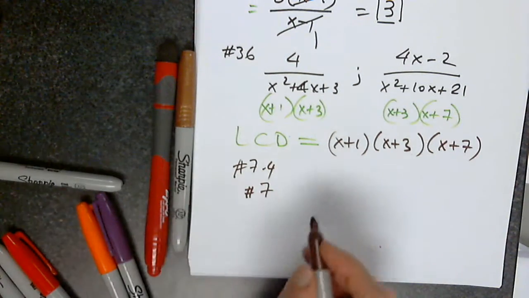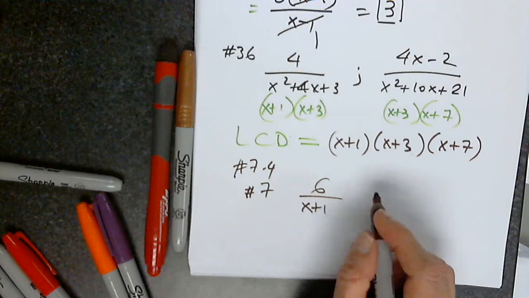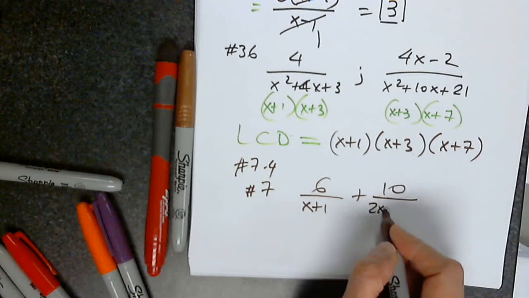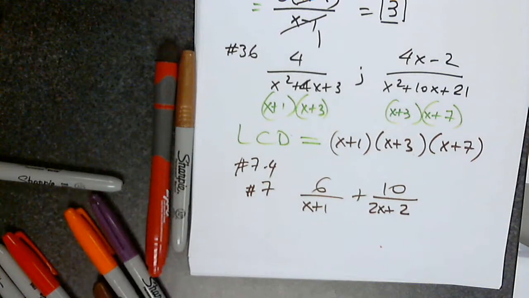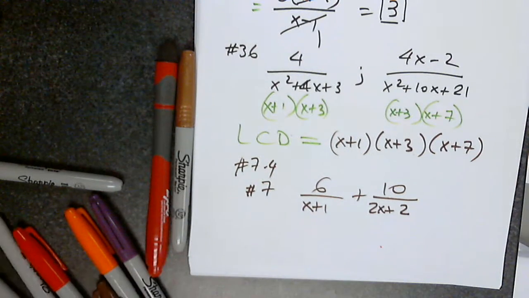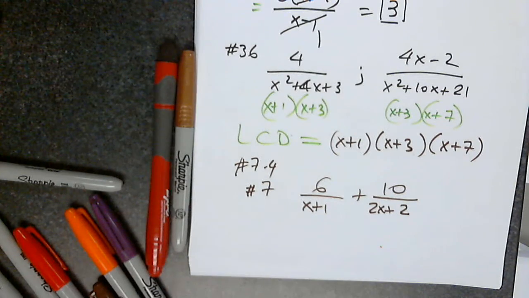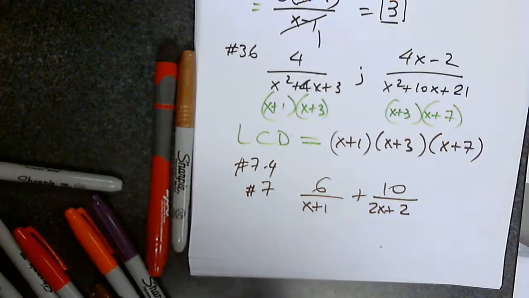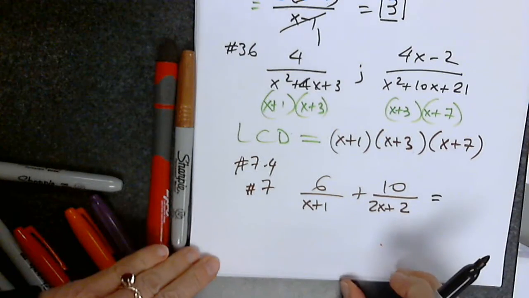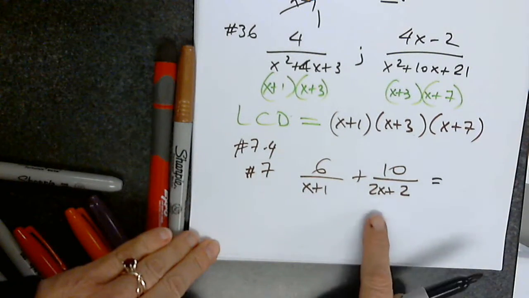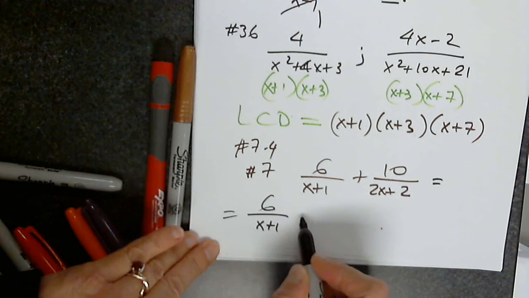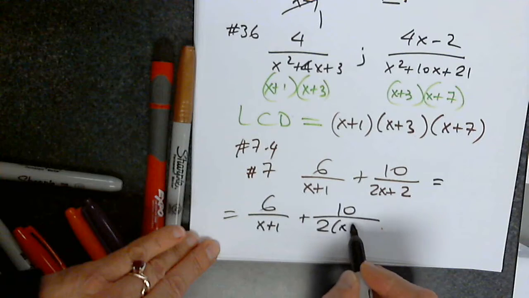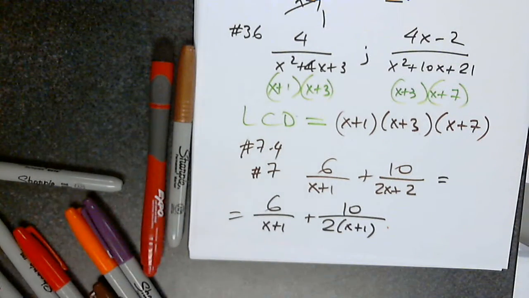In number 7, we have 6 over x plus 1 plus 10 over 2x plus 2. Good example. First thing we need to do is, say it again. I have to factor completely, each and every one of them. So 2x plus 2 can be rewritten as 2 times x plus 1.